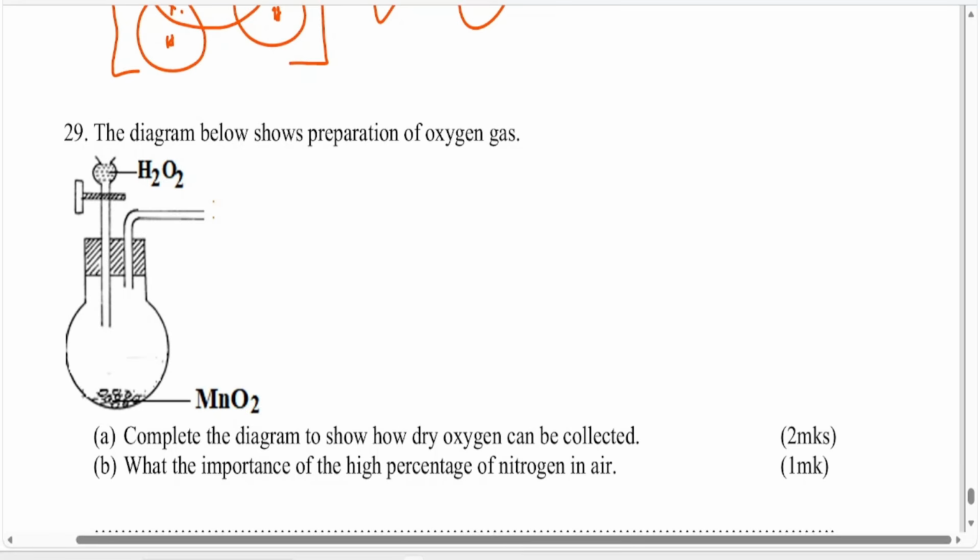The first question is: complete the diagram to show how dry oxygen can be collected. So in our case here, we want to collect dry oxygen gas. So in my case, I'm going to have to first connect my gas delivery tube to a U tube packed with anhydrous calcium chloride.